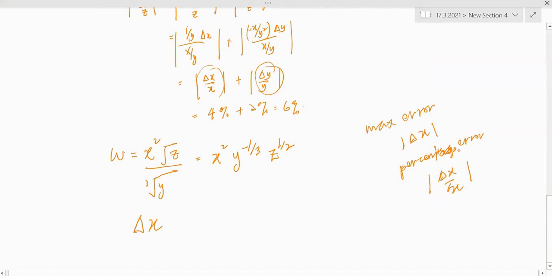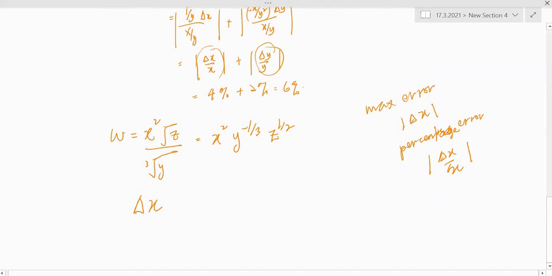Okay. So maximum error of X will be 0.4, of Y will be 0.3, maximum of Z will be 0.1.